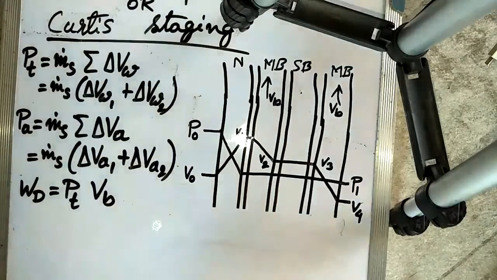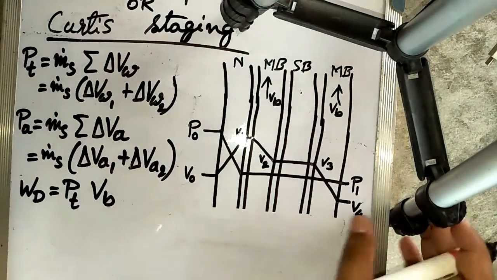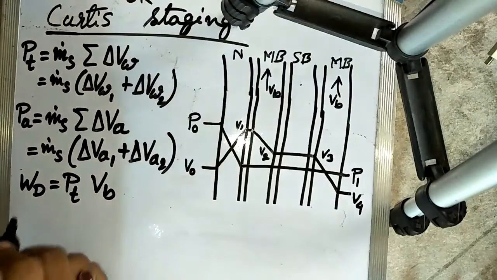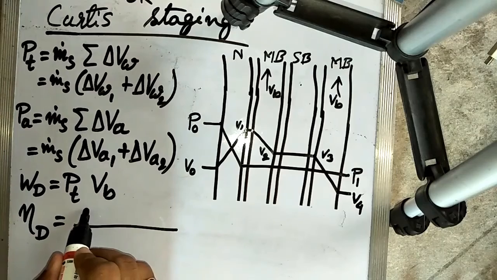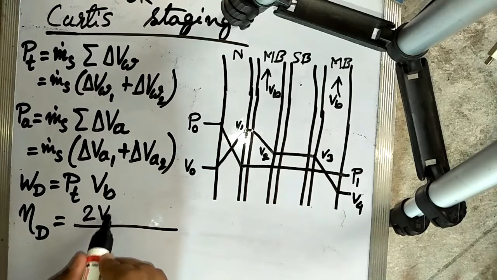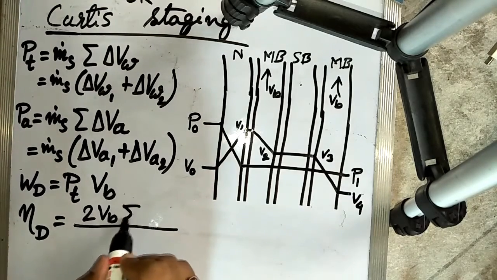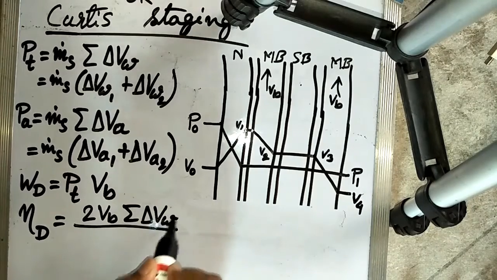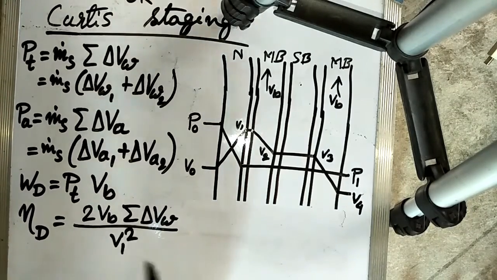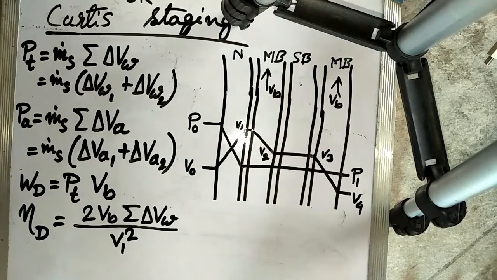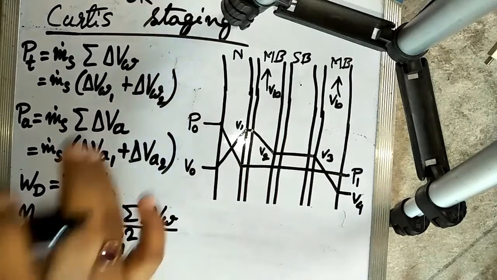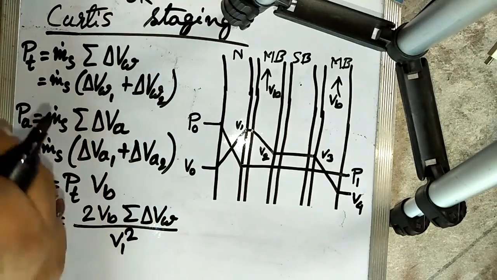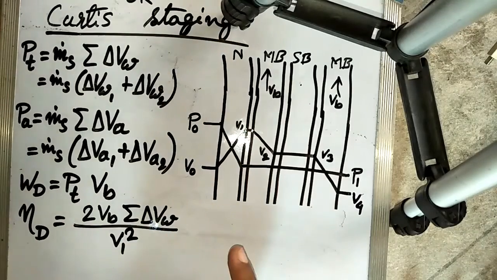And the diagram efficiency will be eta suffix D, and that is equal to 2 into VB into summation of del V omega by V1 square. This is the diagram efficiency. So these are the formulas that come for velocity compounding, and I have written this for two stage compounding, or two stage of moving blades.